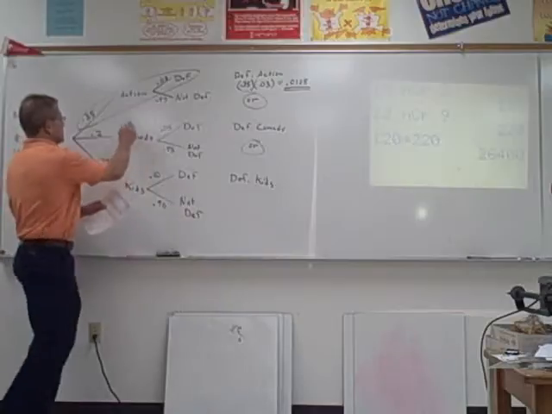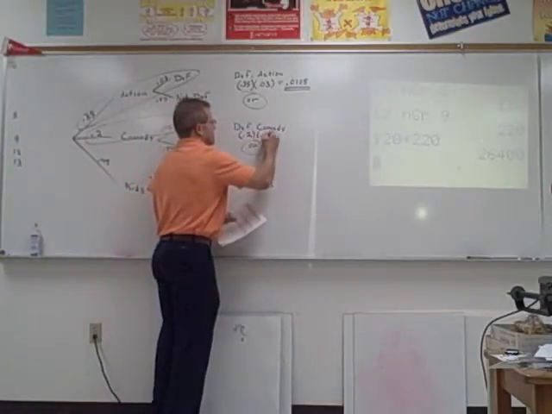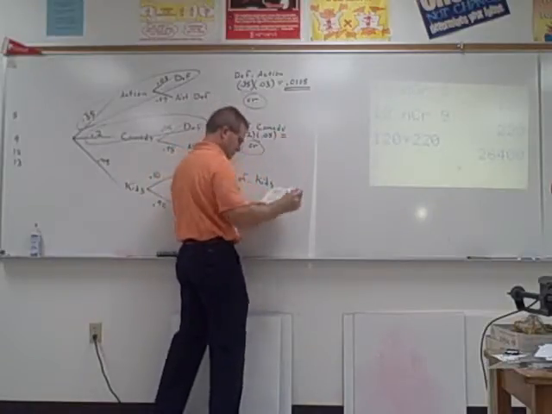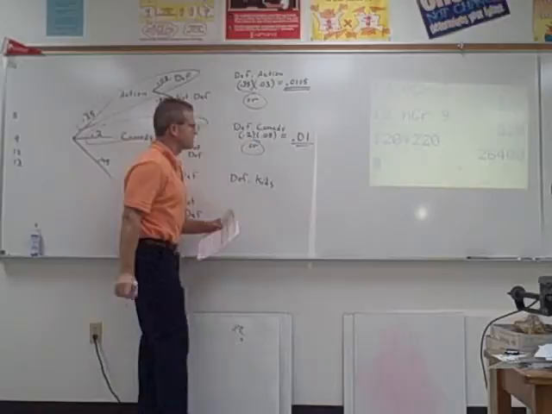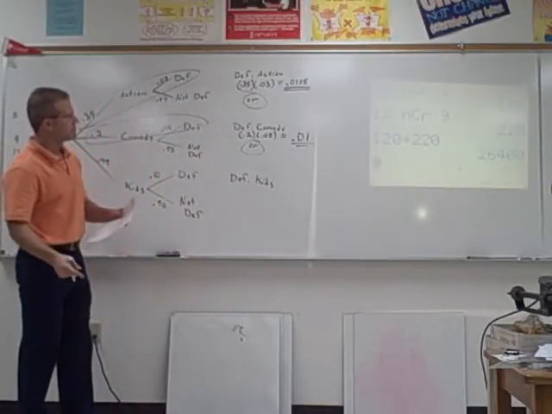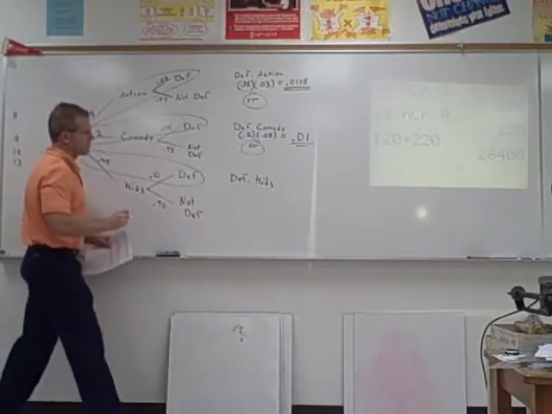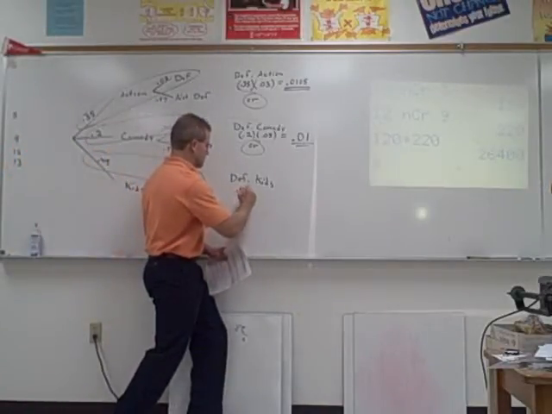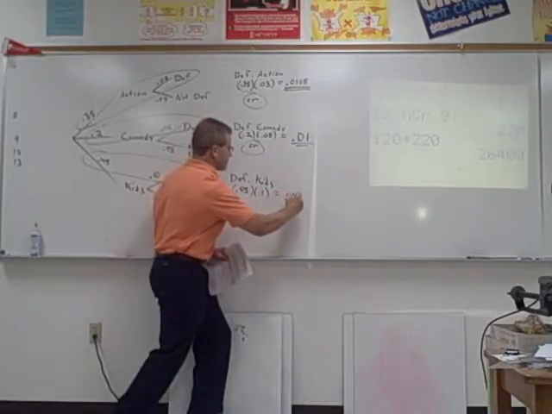So there's a 0.0105 chance of getting a movie that's defective and an action movie. Defective comedy, you take 0.2 times 0.05, which comes out to 0.01. There's a 1% chance you're going to get a movie that's defective and a comedy movie. Then you do the same thing with defective kids. Take 0.45 times 0.1, which is 0.045.